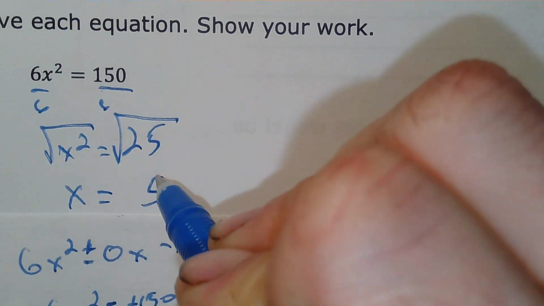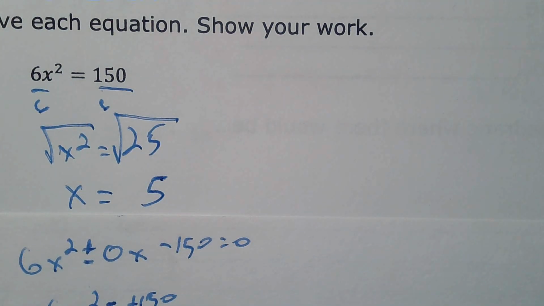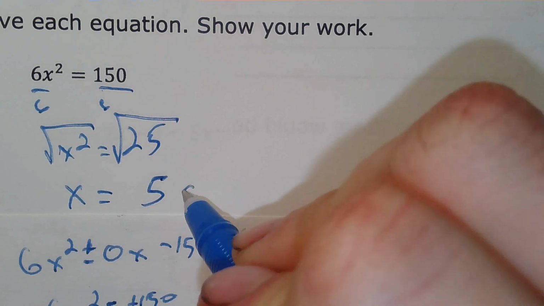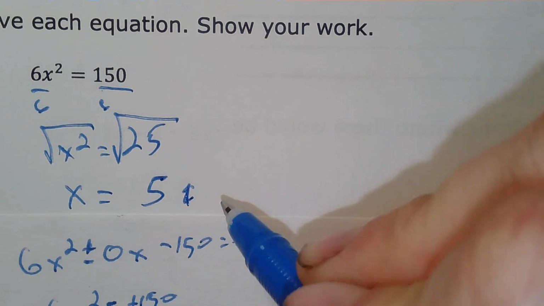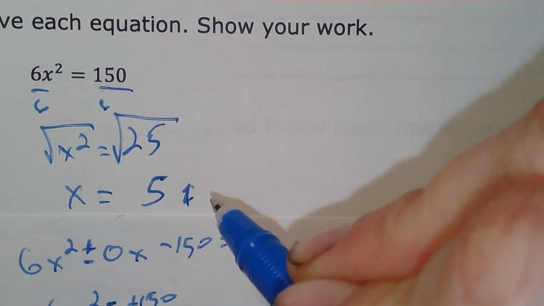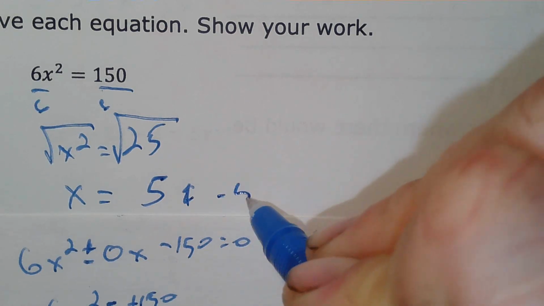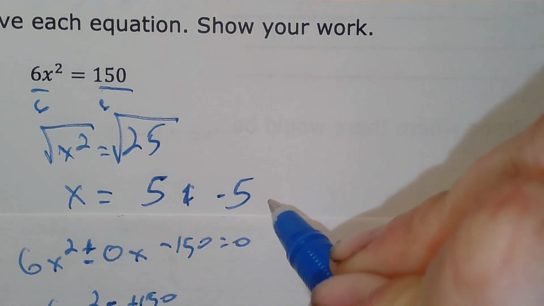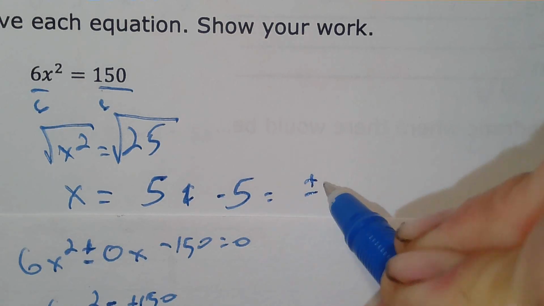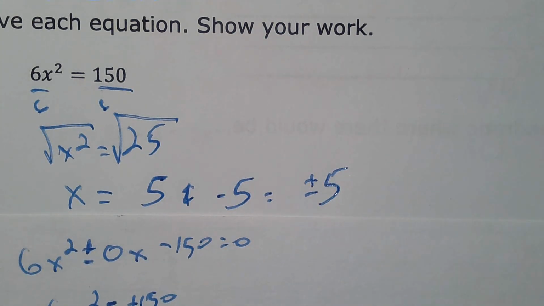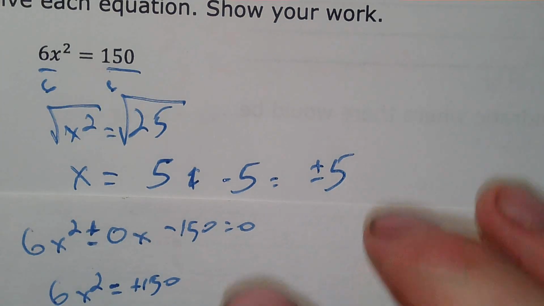But that's not the only one. 5 times 5 is 25, but I can also do negative 5 times negative 5, which is also 25. So it could be 5 or negative 5, or I can just write this as plus or minus 5. Okay, so there is one example.